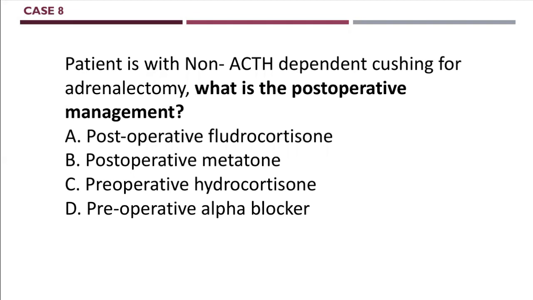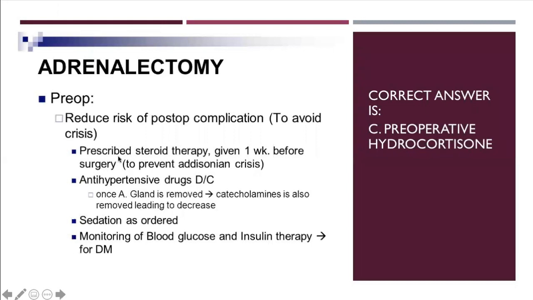For adrenalectomy, you want to give hydrocortisone before they go to surgery, otherwise they can have an adrenal crisis. So to avoid adrenal crisis, you would prescribe steroid therapy starting 1 week before the surgery.